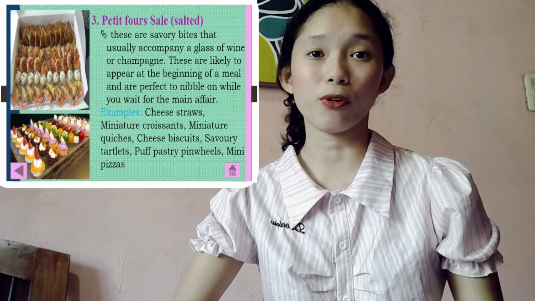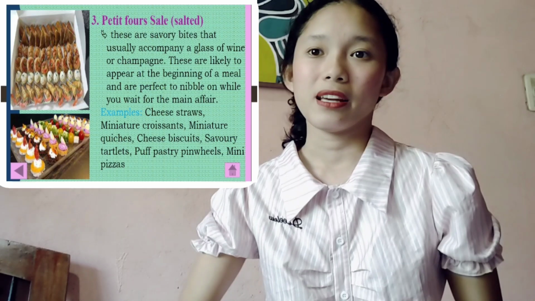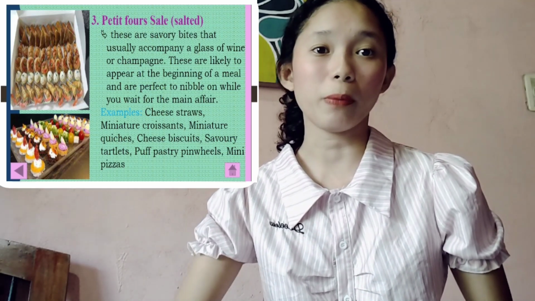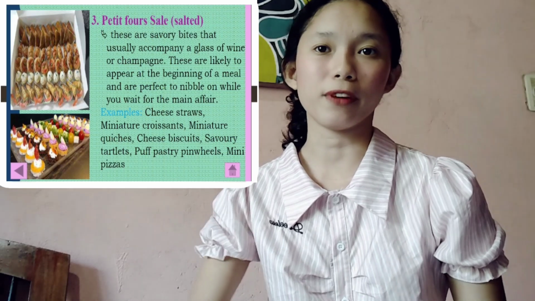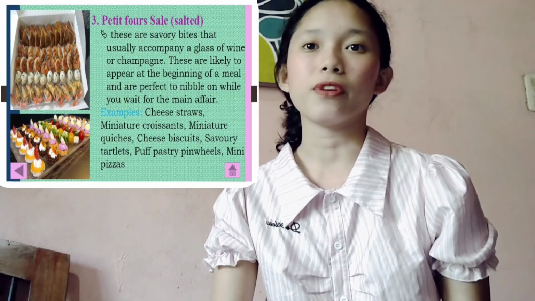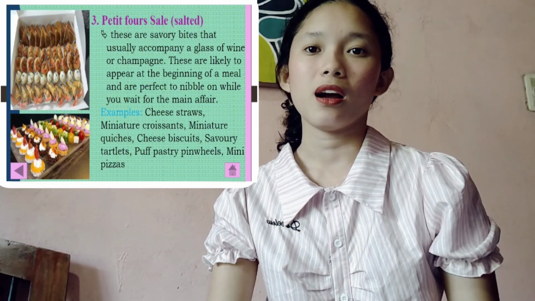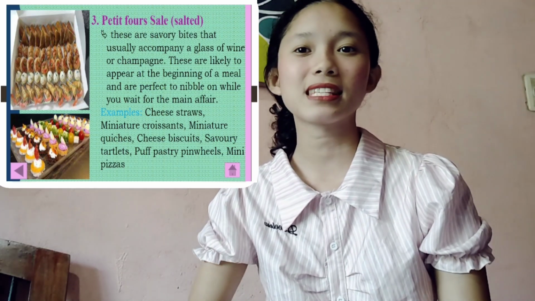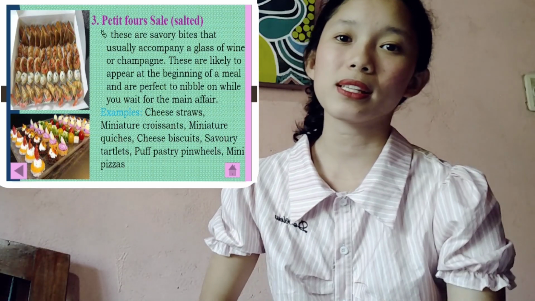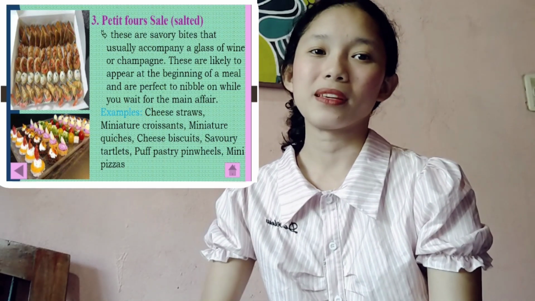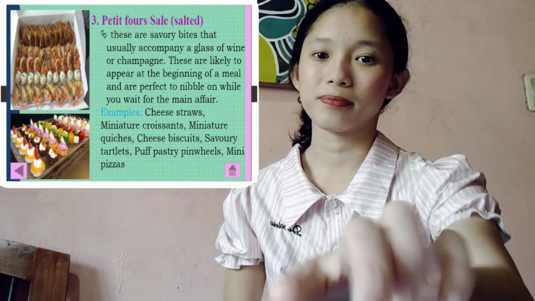Okay, this petit is salted, therefore we can use it as an appetizer while you wait for the main dish. Some examples of this variety are cheese straws, miniature croissants, cheese biscuits, savory tartlets, and small pizzas.